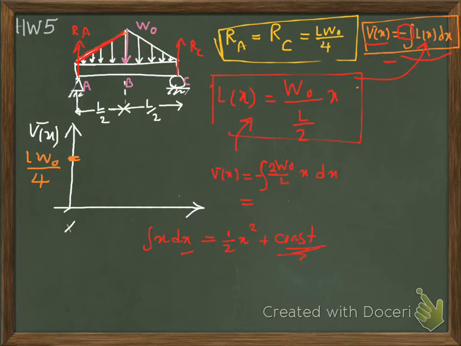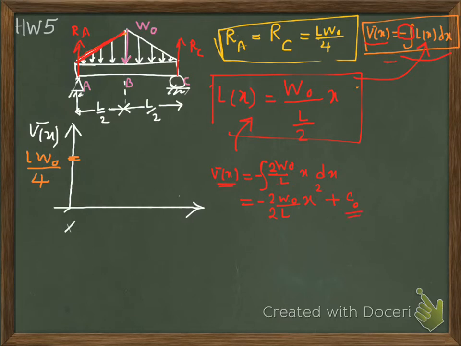Let's use that principle of integration here for our case. That would give us minus 2 W naught over L, which is a constant, so it comes out of the integration, times x squared over 2, we don't forget about the 2, plus a constant. We tend to show the constant with C naught in this video at least. That is V of x.